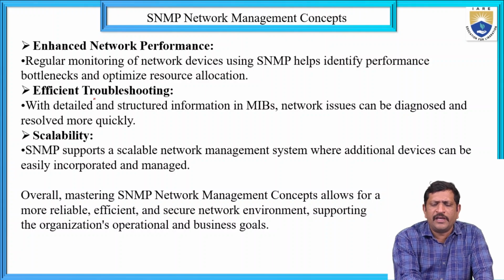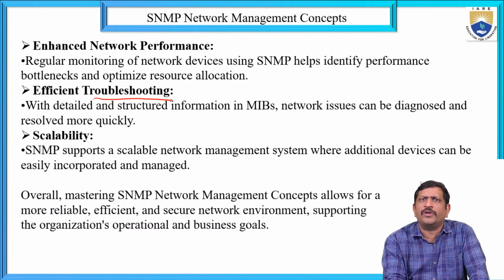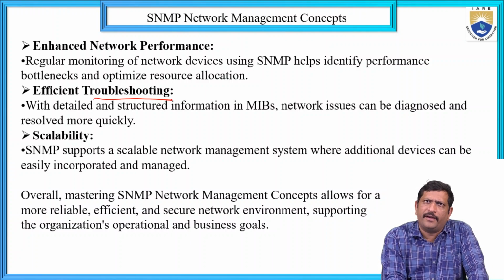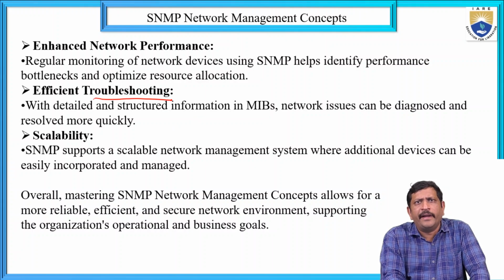So in troubleshooting, the problems can be identified. That means routing issues, any packet loss or time delay, or any damage over the network, all the problems can be efficiently identified.